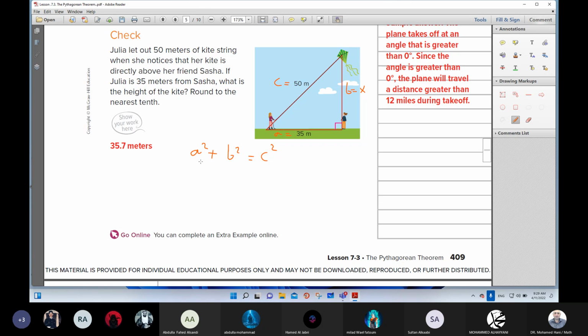So A squared means 35 squared. B squared, the value of the missing value X, so X squared equals C squared means 50 squared.